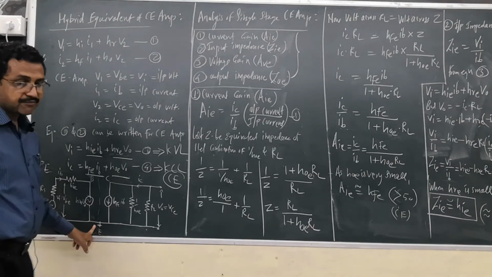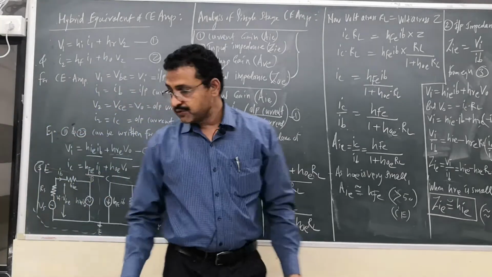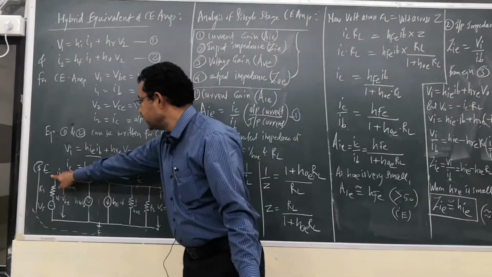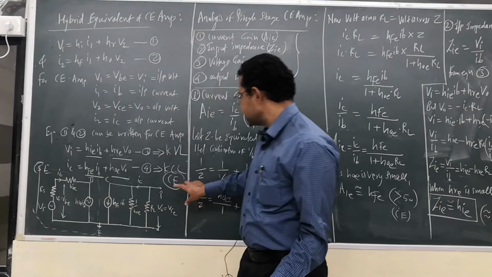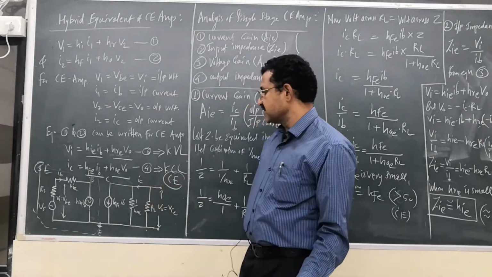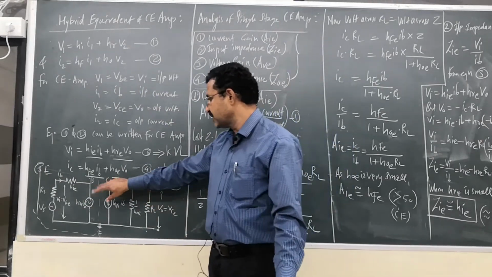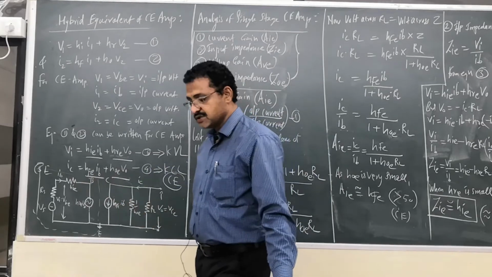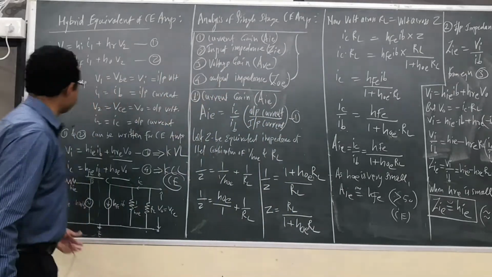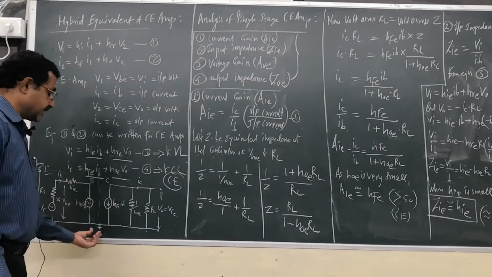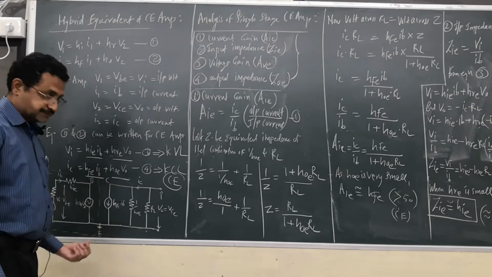This is the hybrid equivalent model for the CE amplifier, consisting of the B junction, which is the input junction, and the CE junction, which is the output junction. By using these two junctions you will obtain the final hybrid equivalent diagram for the CE amplifier.